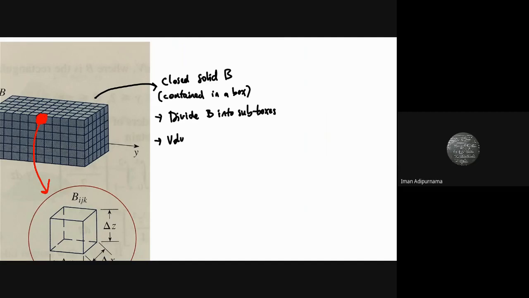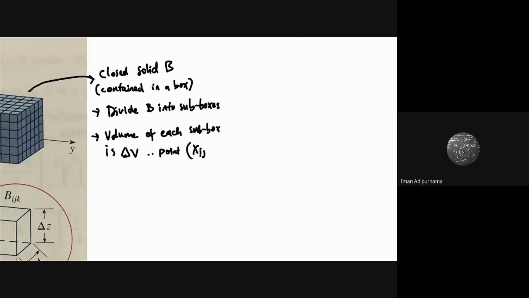And then the volume of each sub-box is delta V. And the coordinates of the point now have i, j, and k because we are dealing with three axes.